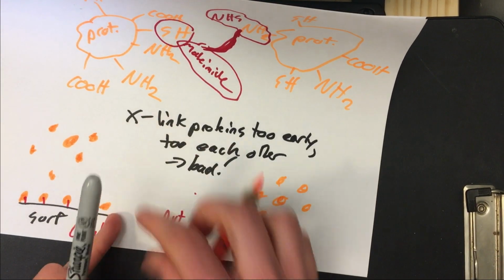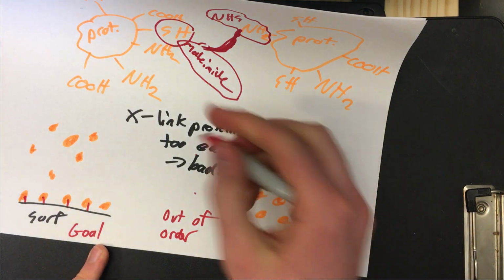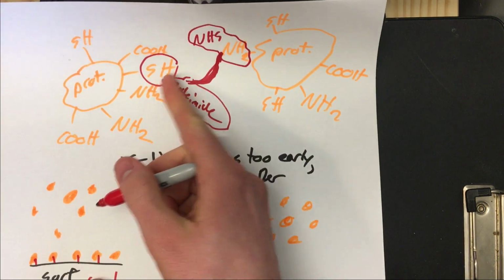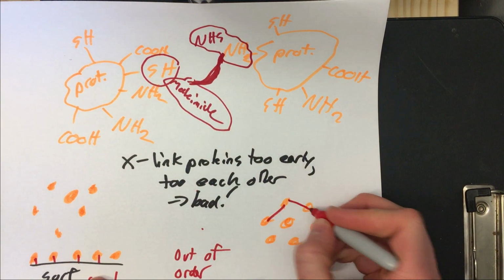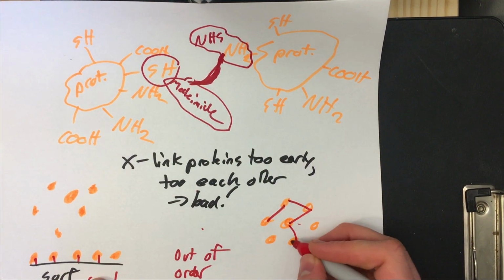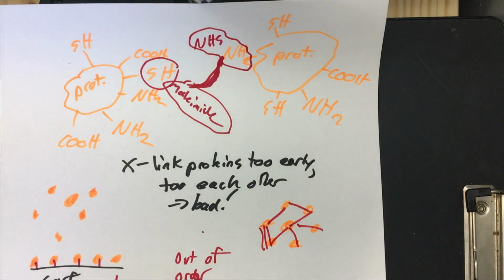And before I even got to the step of tethering them to the surface, I would have cross-linked the SH groups on one protein to the NH2 groups on another, and to the other, and to the other. Maybe I might have formed multiple cross-links between some of them, right?